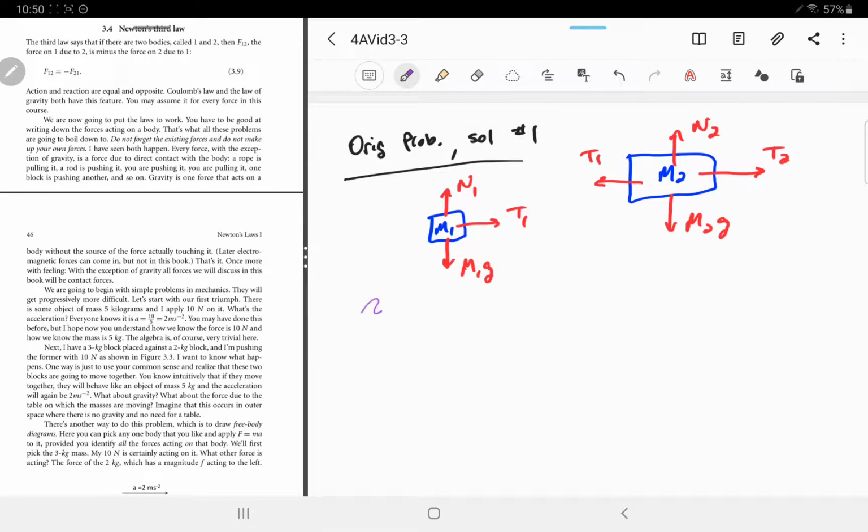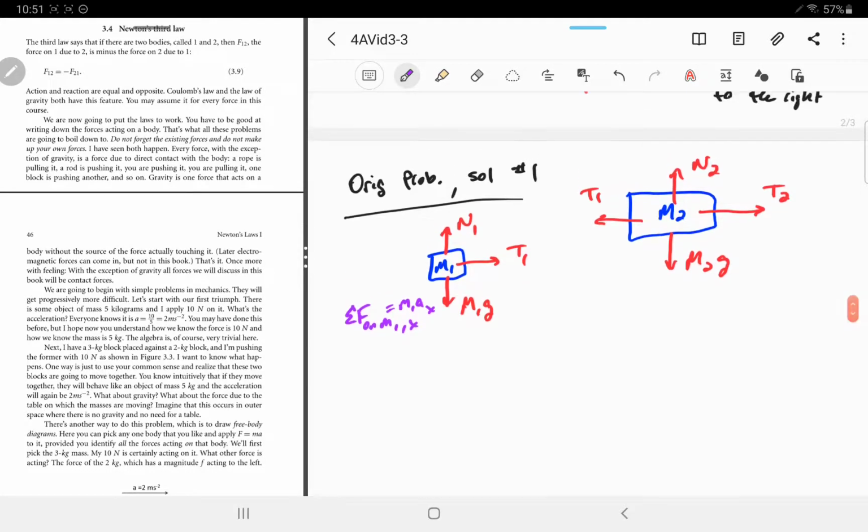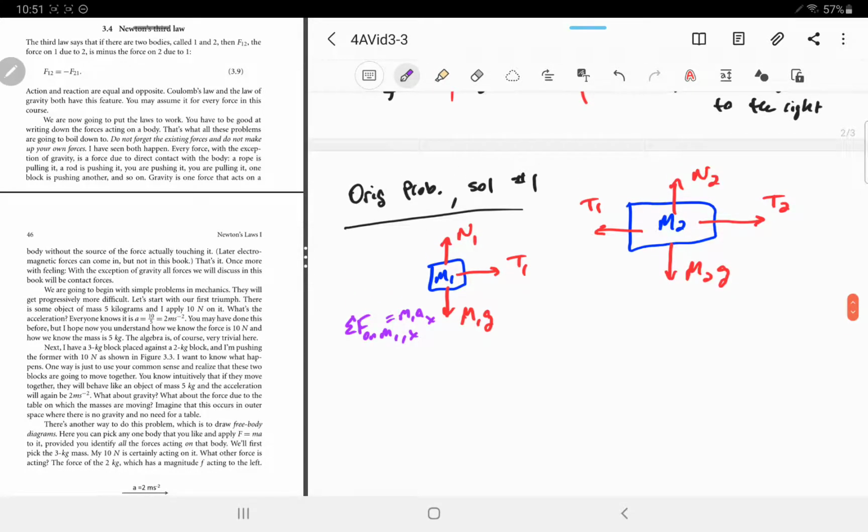Okay, so now we're going to do the sum of the x components. So sum of the forces on M1, and we're looking at the x components, is equal to M1 times the acceleration. Now, these two blocks are going to move together. Let me write this a little bigger. Sum of the forces on M1 is equal to M1A.